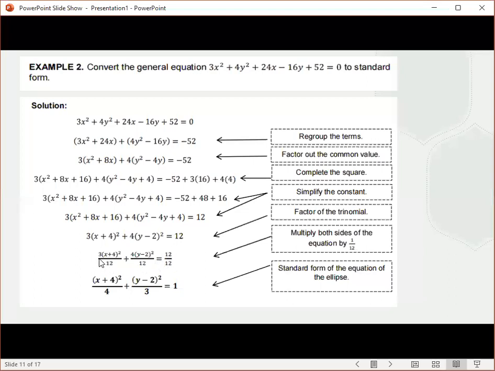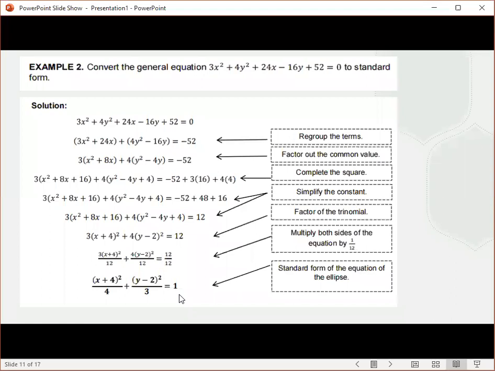You have here 3 quantity, the square of x plus 4, all over 12 plus 4 quantity, the square of y minus 2, all over 12. This is equal to 12 over 12. Simplifying, 3 over 12 is 1/4 and 4 over 12 is 1/3. So you have the square of x plus 4 over 4 plus the square of y minus 2 over 3 is equal to 1.